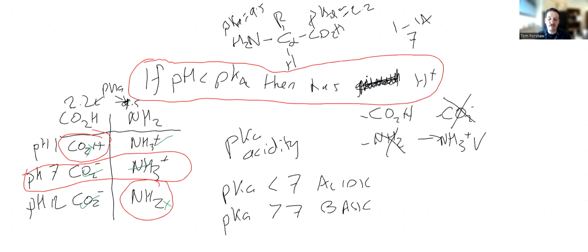And so this is reflecting how much it wants to give away its proton. At a neutral pKa of 7, it doesn't really want to give away its proton very much. Whereas if you bring the pKa down and down, it wants to give away its proton more and more.